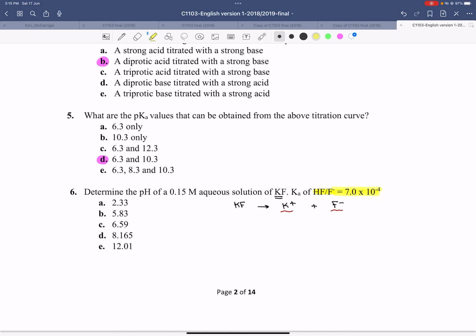This tells me that HF/F minus is a weak couple, and F minus is the conjugate base. What will happen is that the base, F minus, will react with H2O. It will be a reversible process because it's weak, to give HF plus HO minus, production of HO minus.